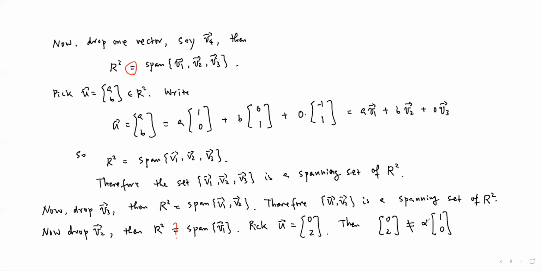Yeah, we cannot find a number so that this equation is true. So this vector cannot be spanned by V1. Therefore, this time, R2 is not equal to the span. Therefore, the set of the single vector V1 is not a spanning set of R2.